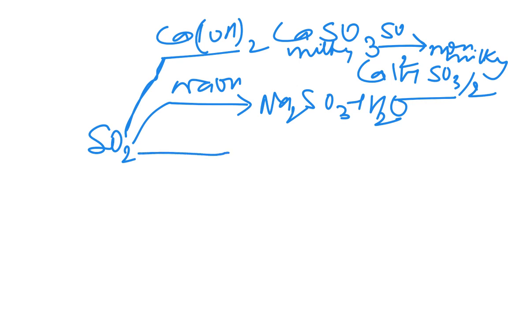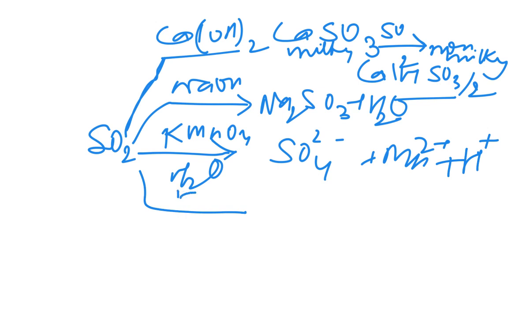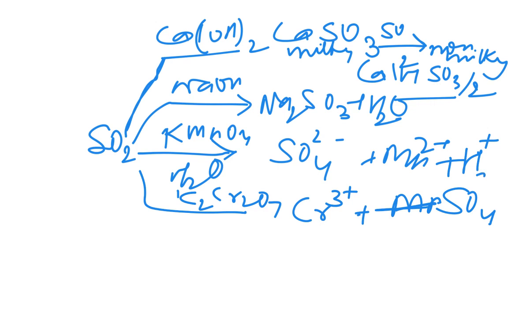It reacts with KMnO4 in the presence of water and forms sulfate plus H plus. Then if it reacts with K2Cr2O7, Cr3+ will be formed plus SO4 2-.